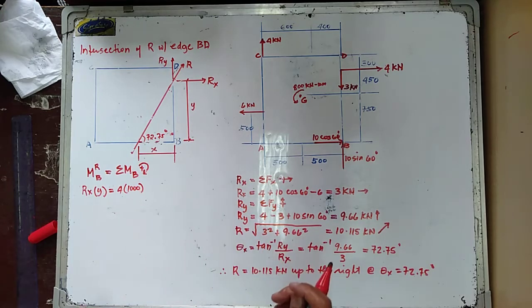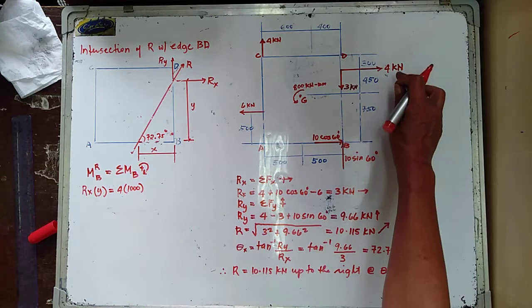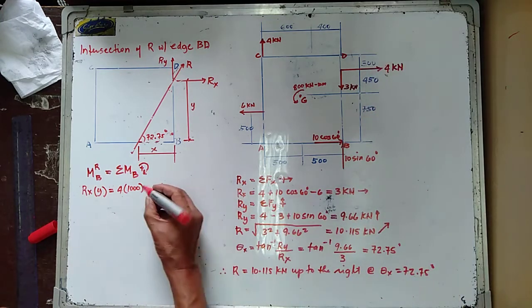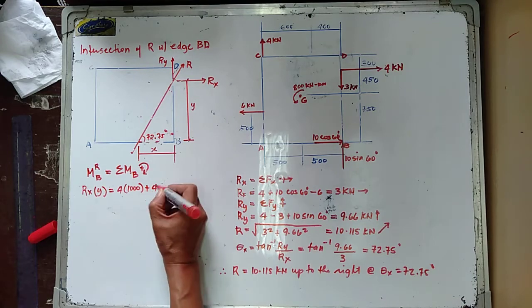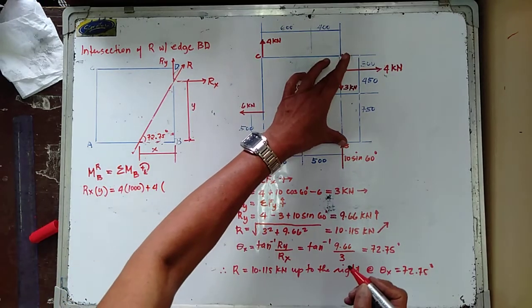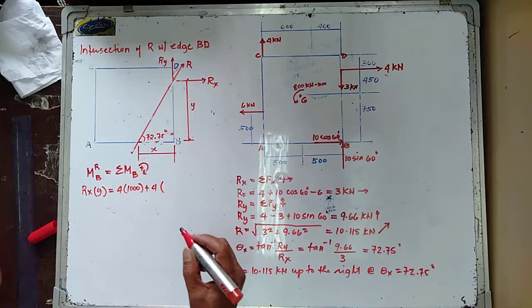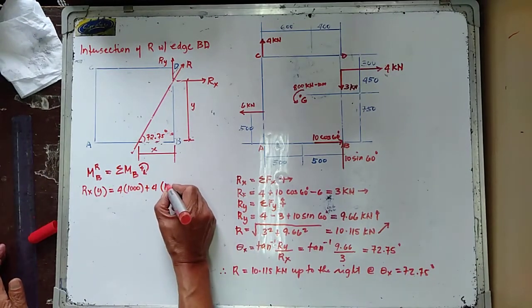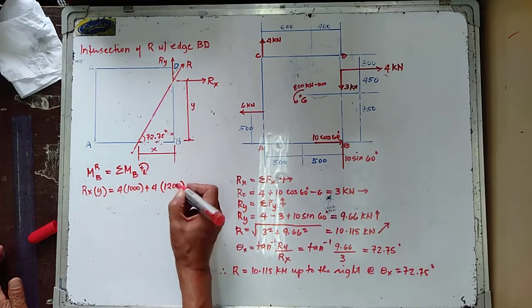And then we have another 4 clockwise, so that is plus 4. The moment arm is 450 plus 750, or that is 1,200.